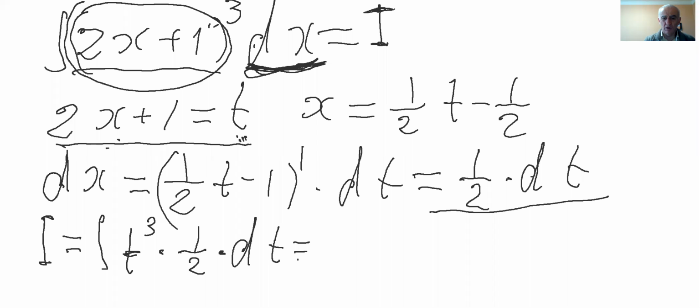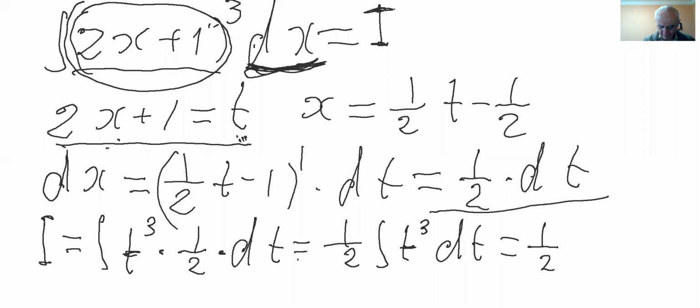Now I will move out the constant 1 over 2: 1/2 times integral of t cubed dt. And what is the integral of t cubed? t to power 4 over 4.